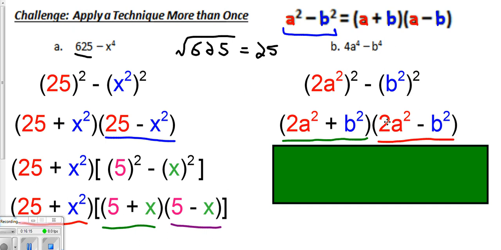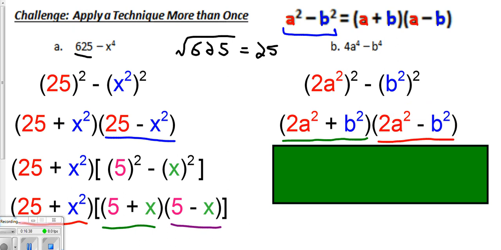Now, if we look at this piece, we might be tempted to say, all right, we have an a squared and a b squared, so this must be a difference of squares because we have a minus here. We might be tempted to go on like we did with this piece. However, 2, this piece here, is not a square number. That is not any certain number squared.